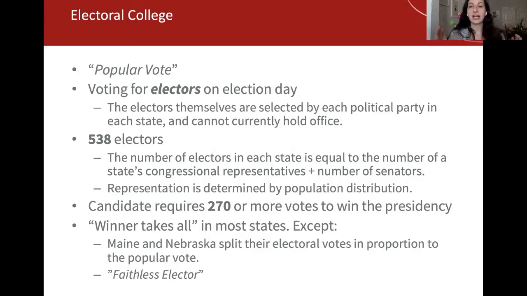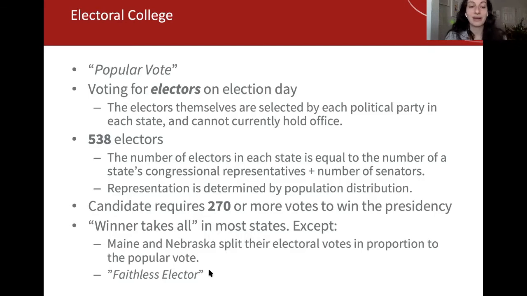They split their electoral votes proportionally. So if one candidate wins 40% of the votes and the other wins 60%, their electors would be split to proportionally match that popular vote distribution.